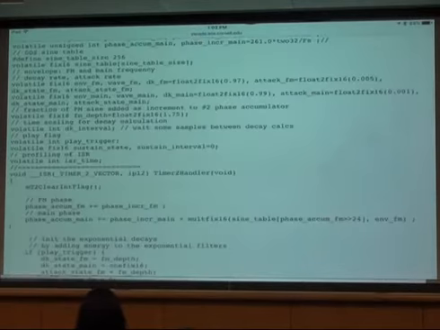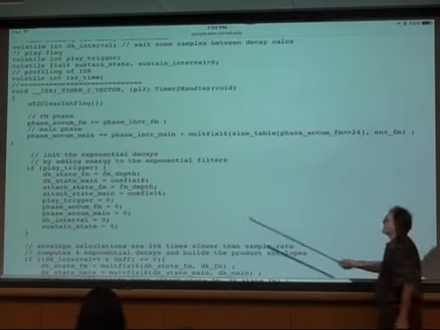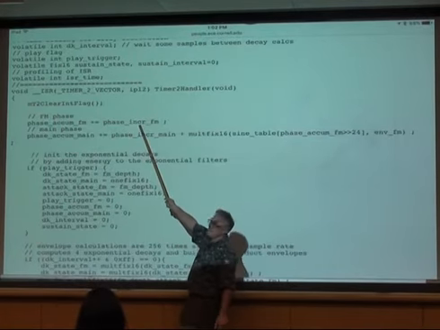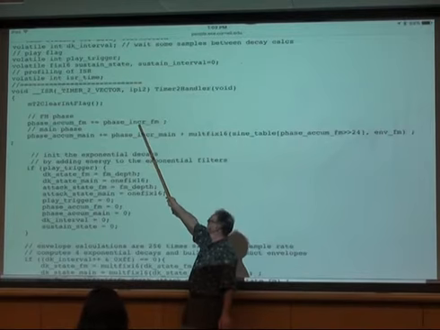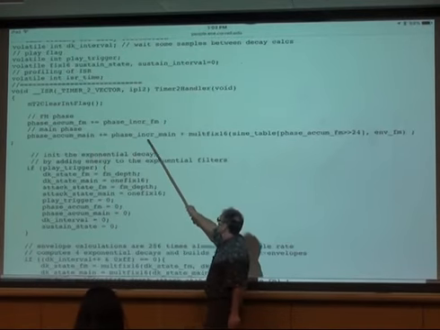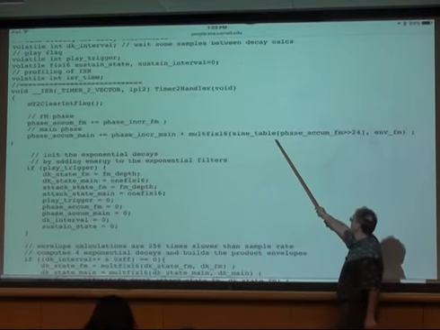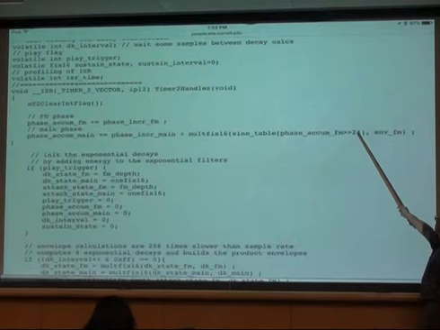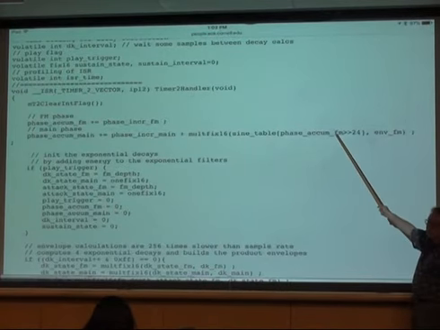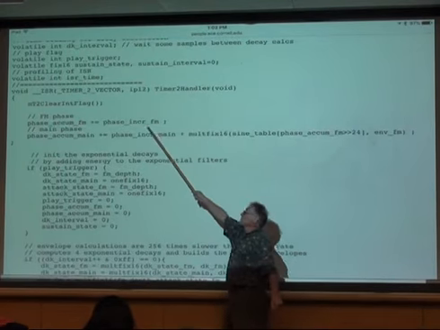But the heart of it is very simple. There's a phase accumulator for the FM that gets incremented by the FM modulation frequency. There's a main accumulator which gets incremented by the phase of the main frequency plus the scaled FM envelope frequency, the sine wave resulting from this phase accumulation.